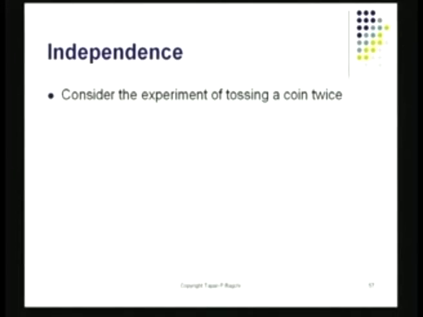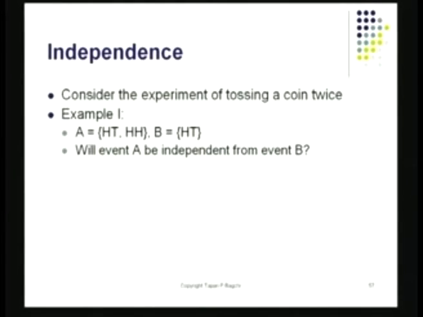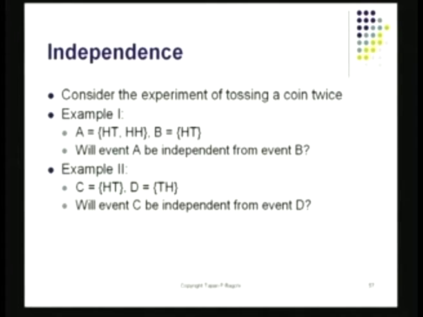And I'm going to be coming back again to one of the examples. Consider the example when I toss the coin twice. The outcomes for event A were defined as head and then tail, or two heads. And B was the event head and tail. Will the event A be independent of B?